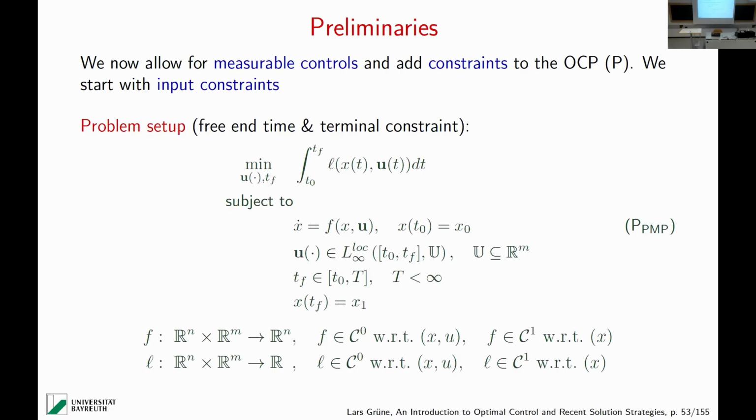Just for a change, I'm looking here at problems with free end time, so TF is an optimization variable over which we optimize, and we have a terminal constraint, meaning that at time TF we end up at x1. This is the setting for which I would like to develop the Pontryagin minimum principle.